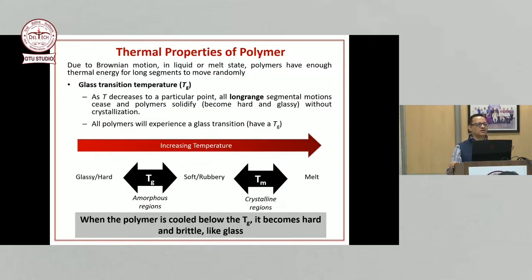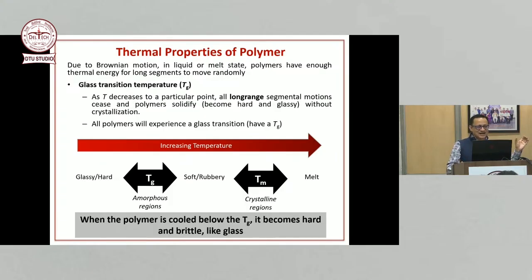Why? Because they will always have some amorphous component. Glass transition temperature is correlated to the amorphous part, and since all polymers have some amorphous part, 20%, 10%, 30%, there will always be a glass transition temperature.